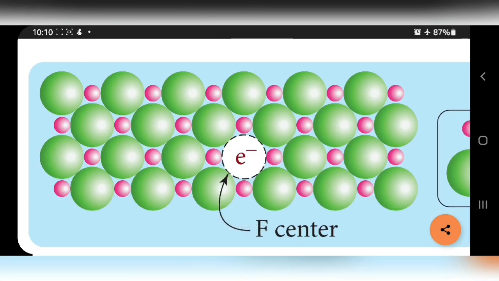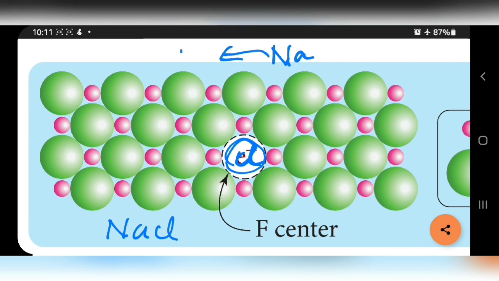To understand that paragraph, see this picture. Before the electron occupies it, only the anion, that is Cl, is present. If you assume this is NaCl and you are heating it in the presence of sodium vapor, the sodium loses an electron and is converted into Na plus. That Na plus is attached to this surface.